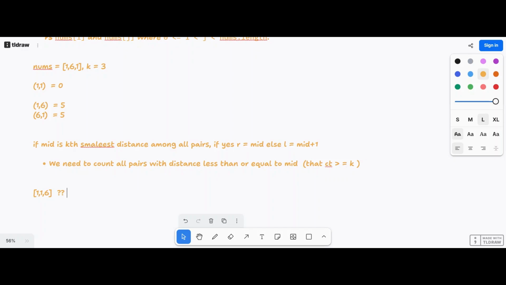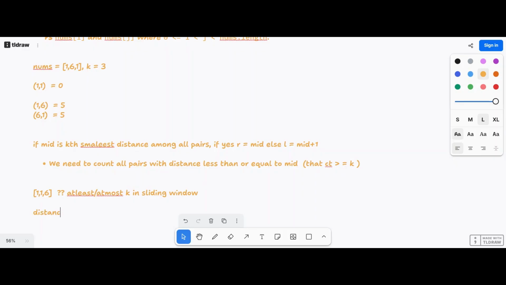Now we have done a similar kind of thing, at least at most k kind of things, in sliding window. There it's like the product of the subarray should be less than or equal to k, at most k, or at max k, or at least k. Those types of questions we have done. This is at most mid.